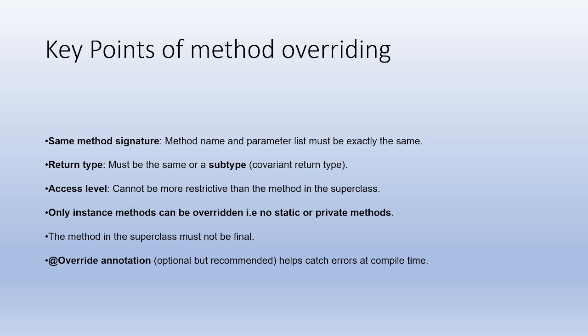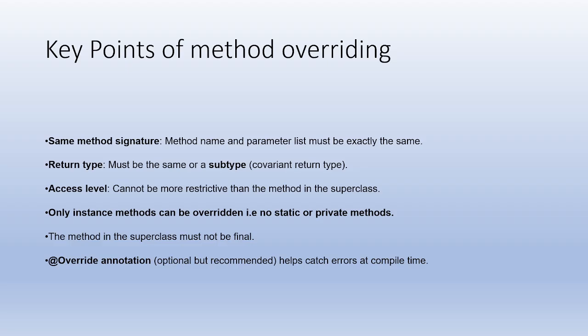And the sixth point is about the override annotation. If you use the @Override annotation, though it is optional, it will help provide checks at compile time itself, because you are giving a hint to the compiler that this method is being overridden, so it will check everything. Otherwise it will throw a compile time error.